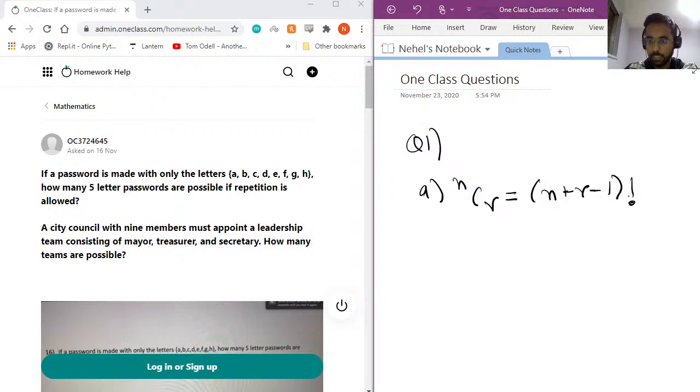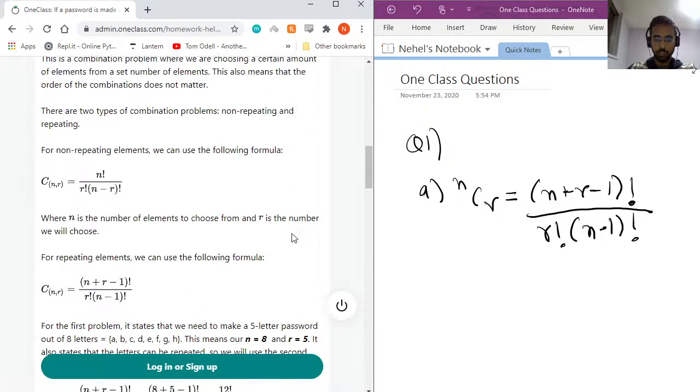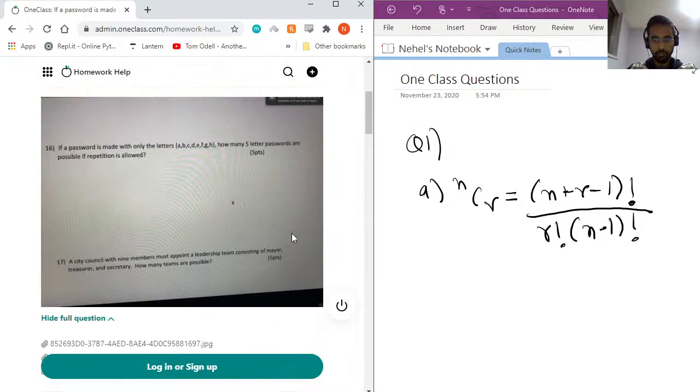This exclamation mark means all of this is a factorial. Divided by r factorial multiplied by (n minus 1) factorial. Okay, this formula is pretty standard, and I'm fairly sure all of you would be familiar with it.